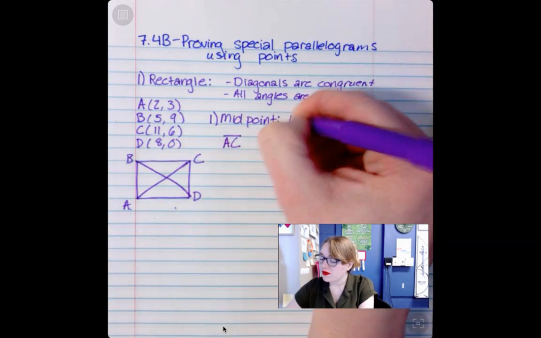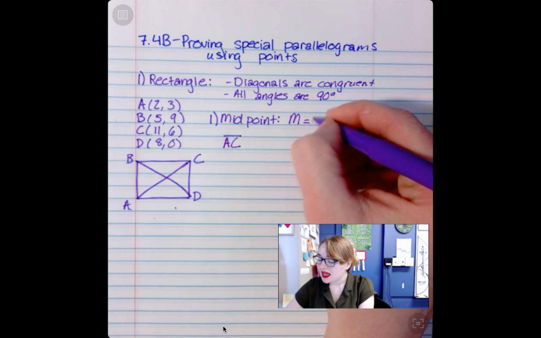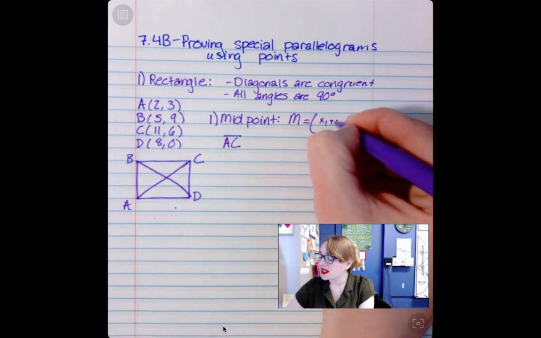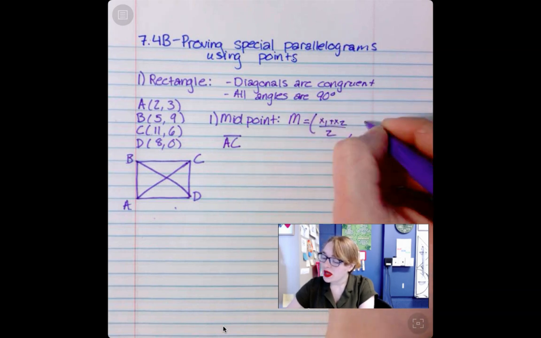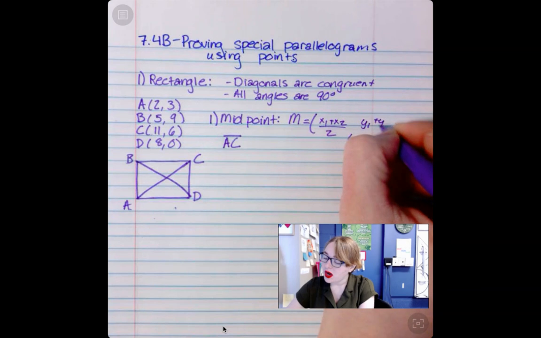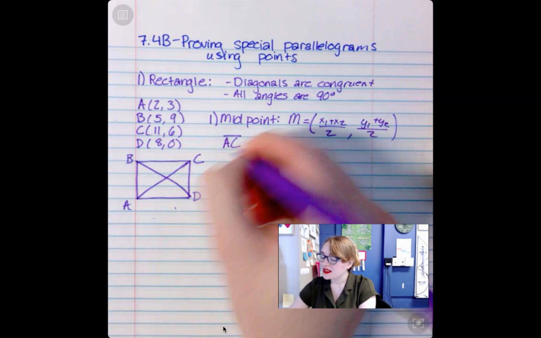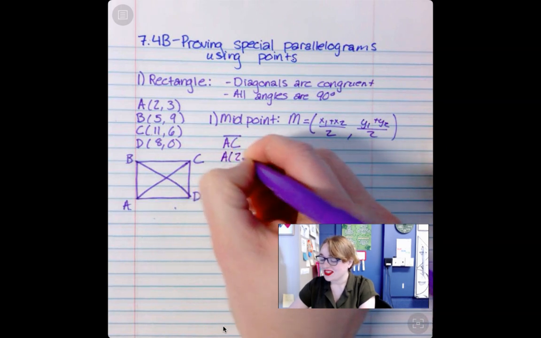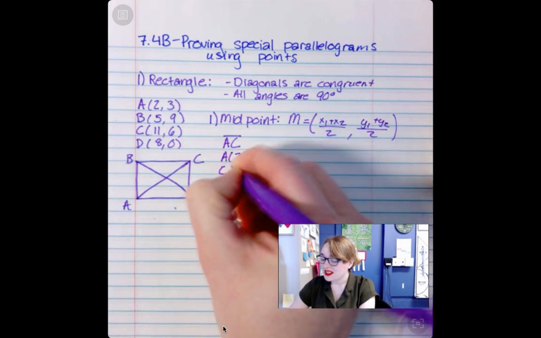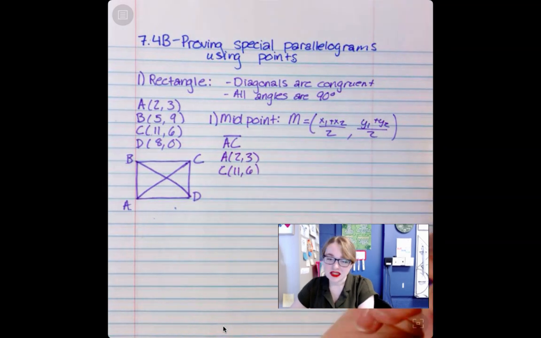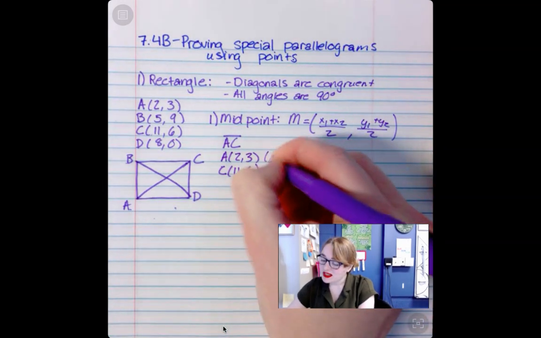Remember that our midpoint formula is M for midpoint is equal to x1 plus x2 divided by 2 and y1 plus y2 divided by 2. Okay, so for AC, I am using point A, which is at 2, 3, and point C, which is at 11, 6. So I'm going to pick point A to be my favorite.